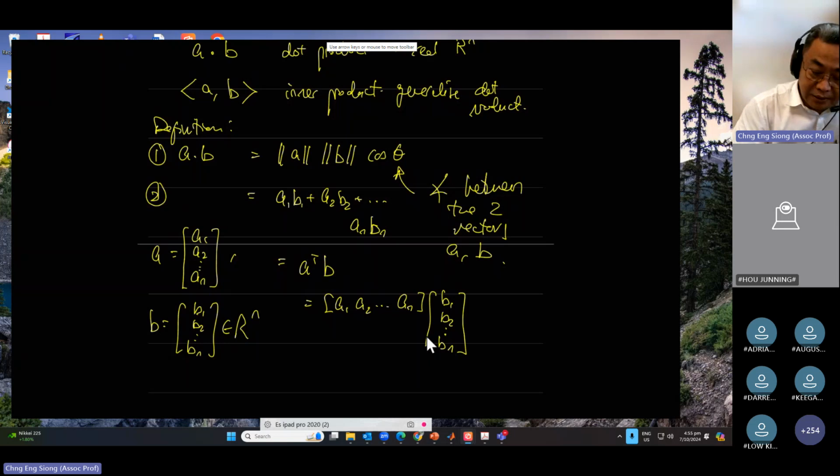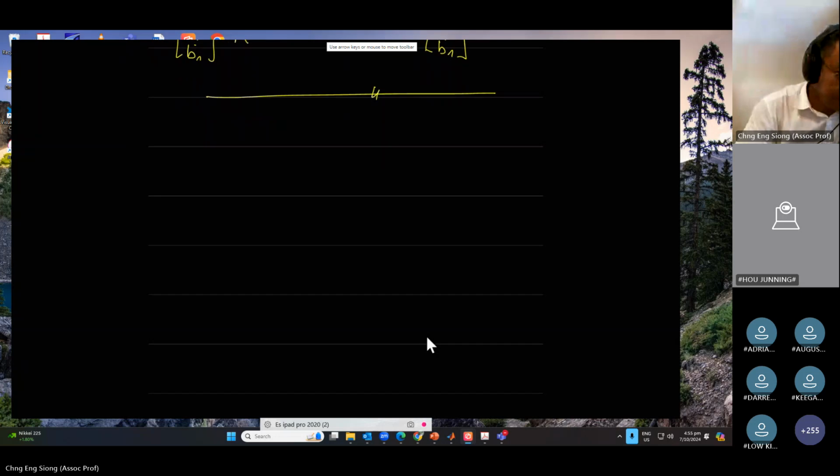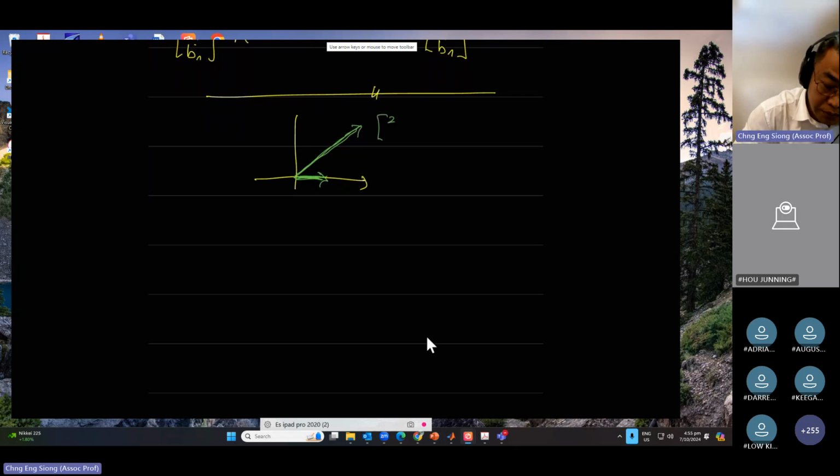All right, now let's have some examples. The easiest example I would show you is this. a is 2, 2. b is 1, 0.